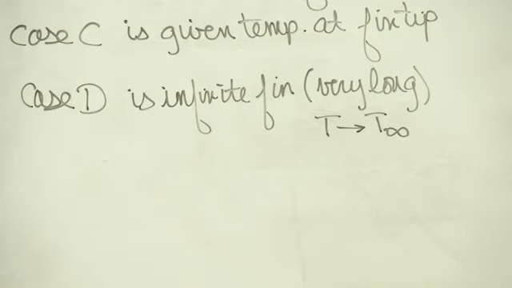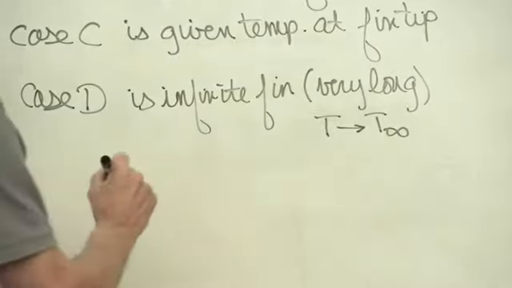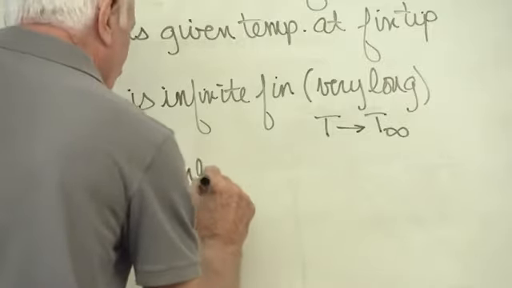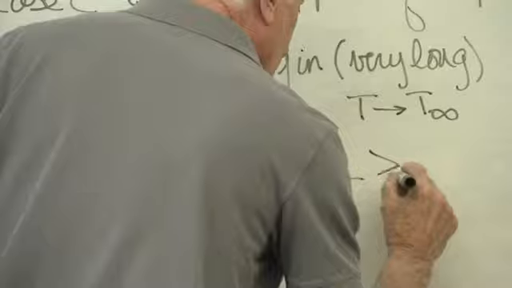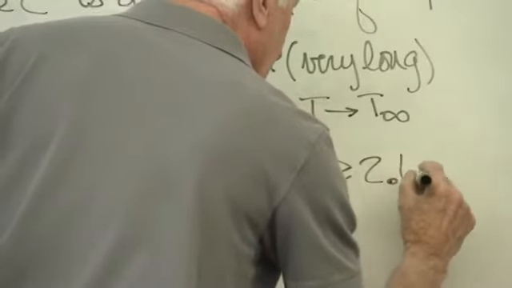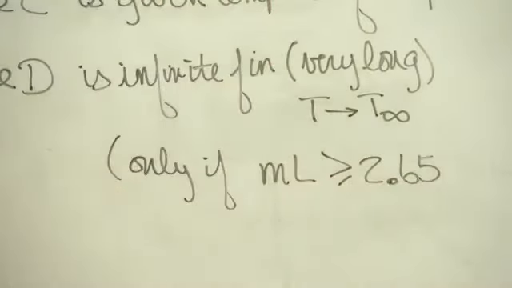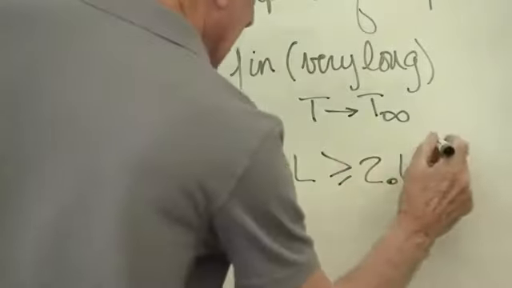We'll tell you what that is in just a minute. I'll put it down now. Only if mL is greater than or equal to 2.65. And when I work a problem to show you in class next time we meet, I'll use that so you see how to use that.